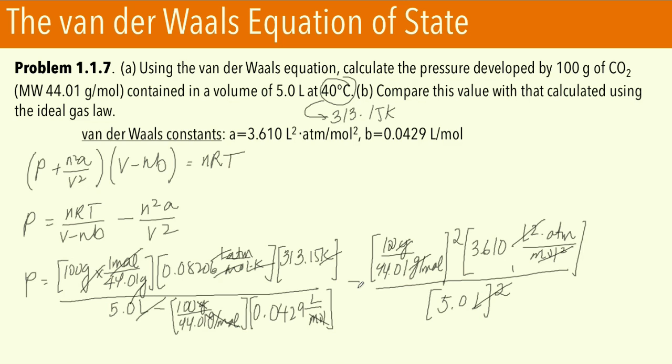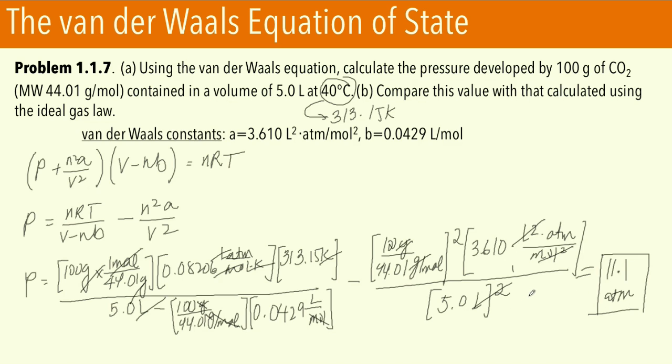Just always keep in mind that whenever you're doing an addition or a subtraction, you have to be subtracting values with the same units. So we're left with atmosphere, atmosphere, so that's all good. We punch this in our calculator, we get 11.1 atmospheres. Let's put it into 3 significant figures for now.